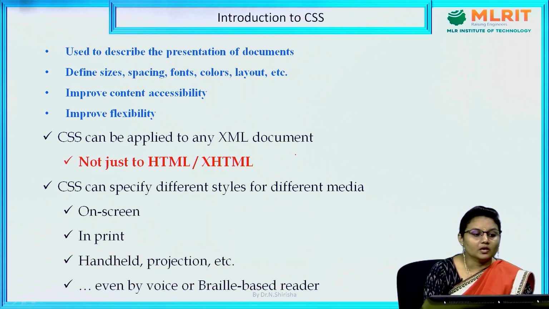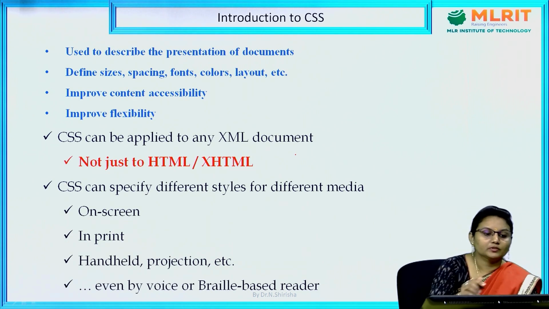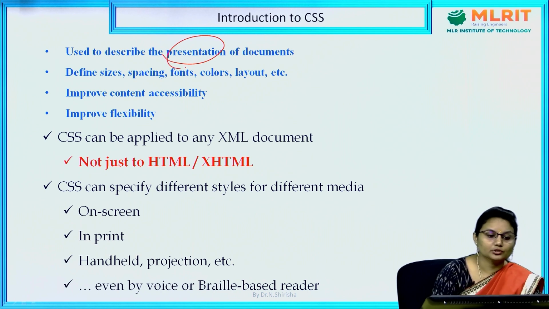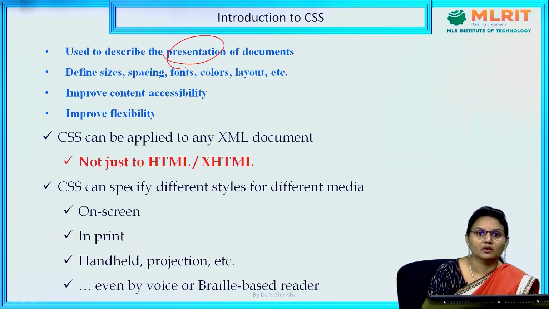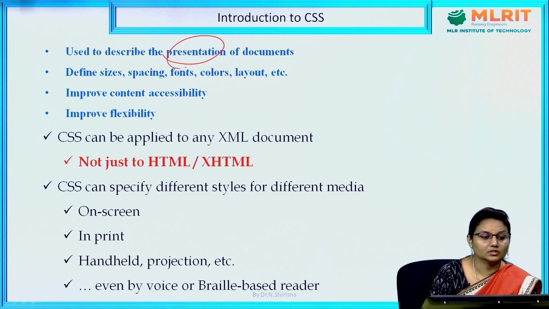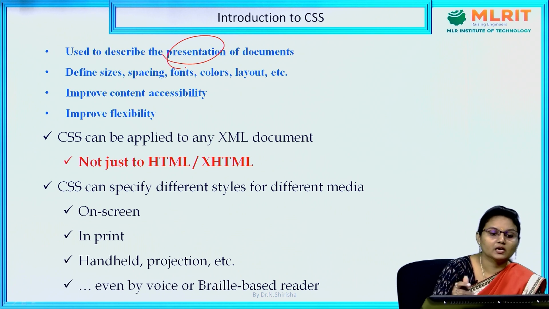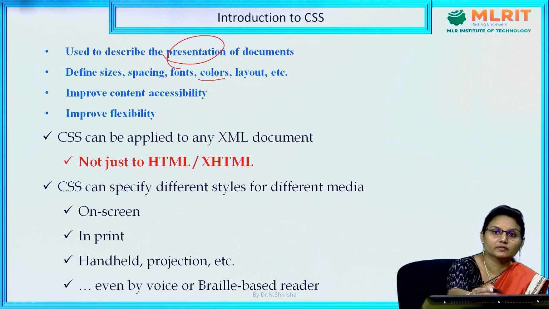It is used to describe the presentation of the documents. How the presentation should be, whether it has to be in red color, whether you should have a background color, or a text formatting like Times New Roman, Calibri, Arial. Those are font styles. You can define sizes, spacing and colors, font colors, and layout color.